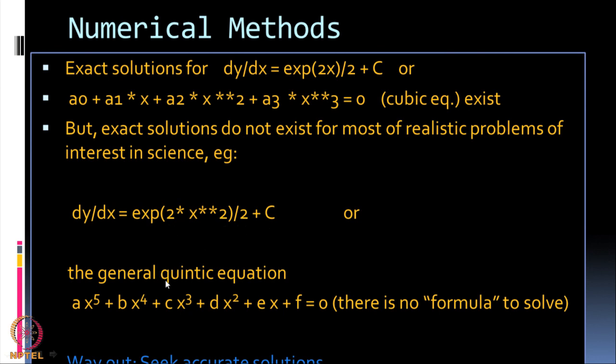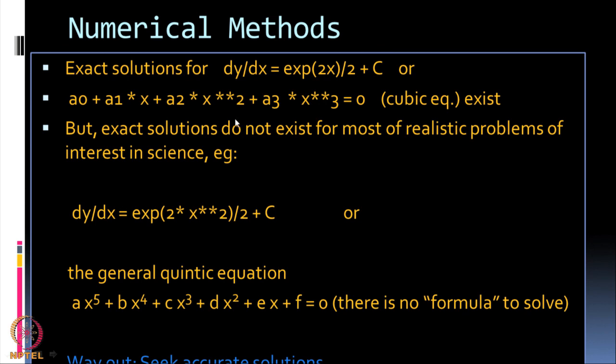Now, consider this quintic equation. What is a quintic equation? A quintic equation is an equation where x to the power 5 is there, unlike the cubic equation above or the quartic equation, which has x to the 4th power.